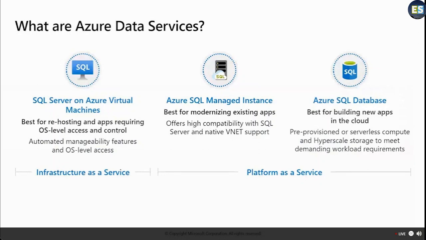Now, before we dive into the Azure Data Services a little bit more, let's just talk about some of the common terminologies that we might be using, as well as the different ways that you can host a relational database in Azure. So Infrastructure as a Service, or IaaS, generally describes services where Azure enables you to create a virtual infrastructure in the cloud that mirrors the way that an on-premises data center might work.